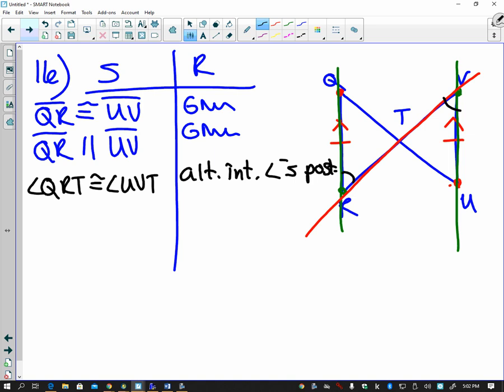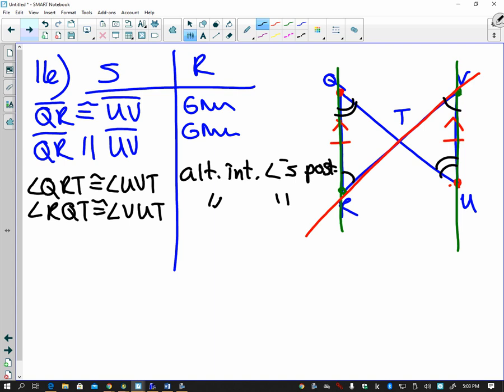All right. There's different ways to do this. We could also, by the same standard, show that this angle is congruent to this angle by the exact same rule. So that would be angle RQT congruent to angle VUT.